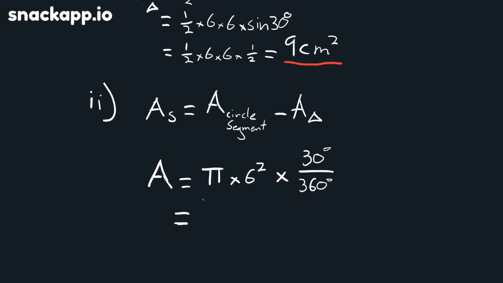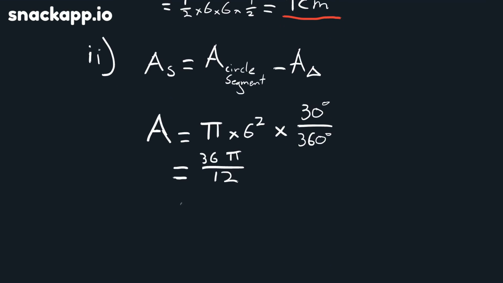So 6 squared is 36. We'll just put the pi there, all over 12. And then we can just simplify. 36 on 12 is just 3. So we just get 3 pi centimeters squared for the area of the circle segment.